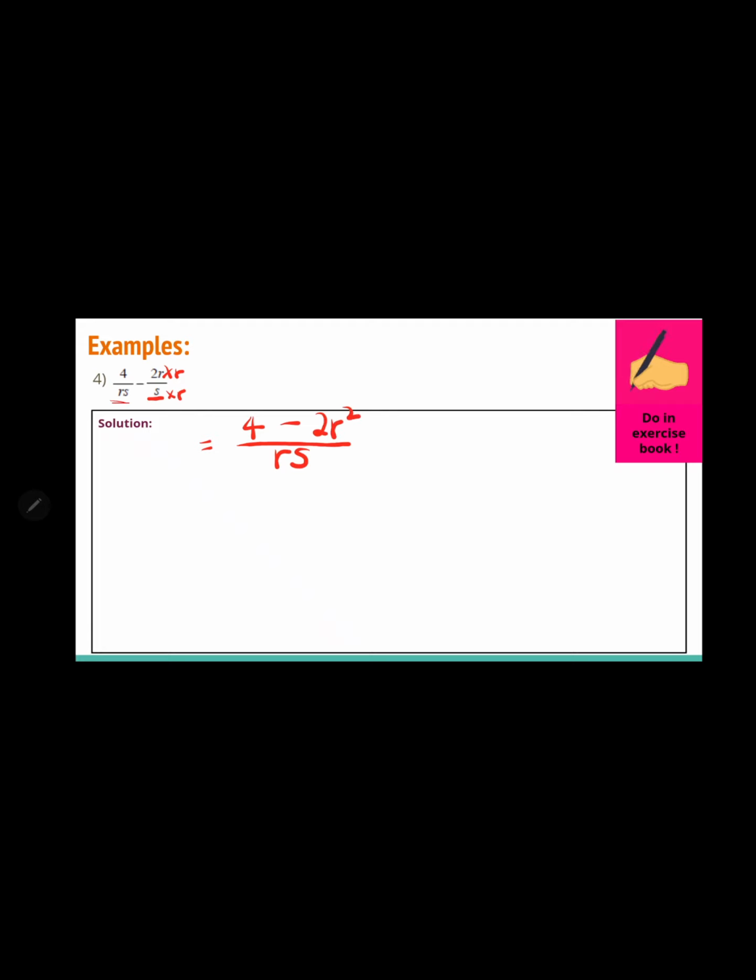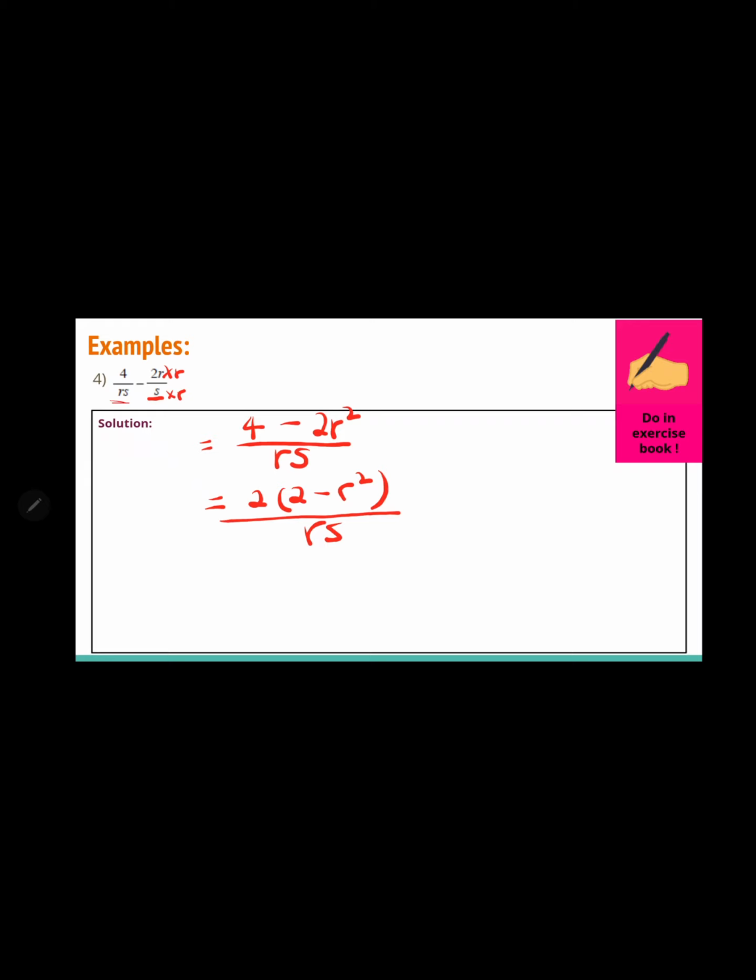Okay, done. If some books prefer a factorized form, we can take out the 2, like this, 2 times R, S. Can also.